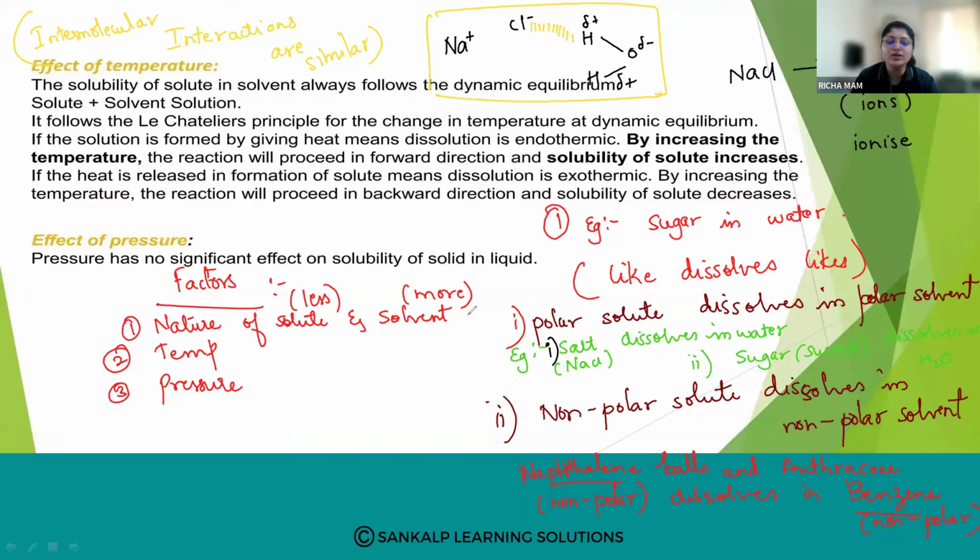Now going back to non-polar solvent. Naphthalene is non-polar, anthracene is also non-polar. Naphthalene dissolving in benzene is one example, and anthracene dissolving in benzene is another example. So the non-polar solute is naphthalene and the non-polar solvent is benzene.